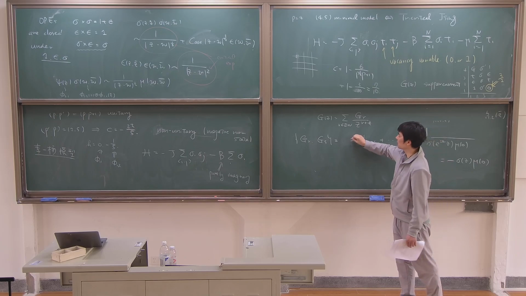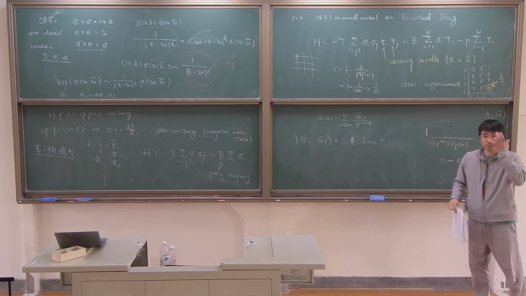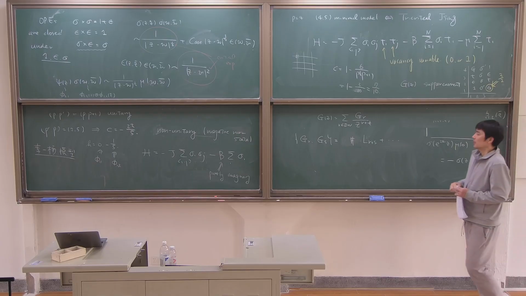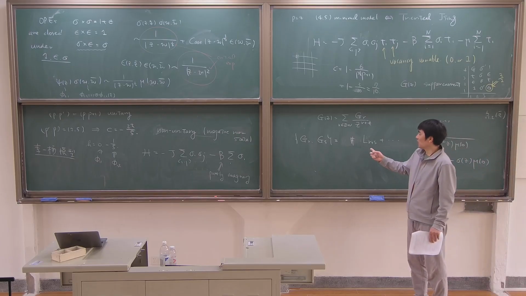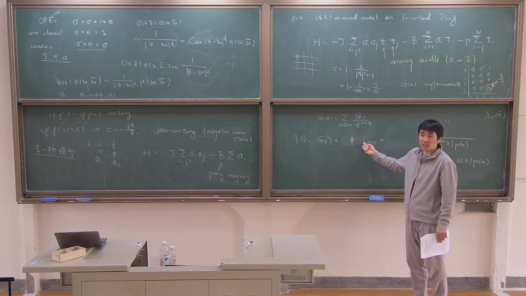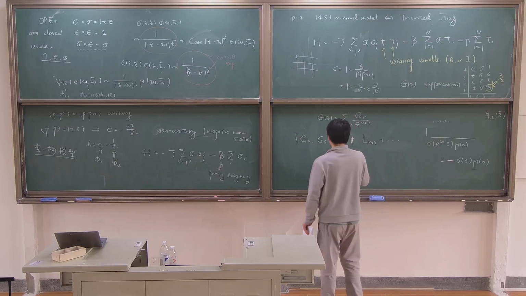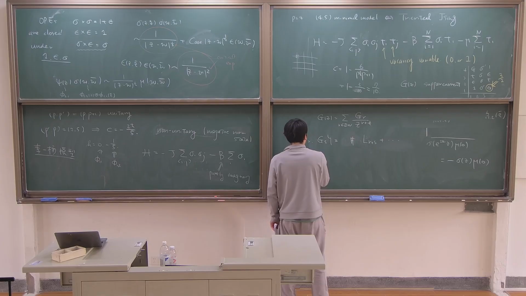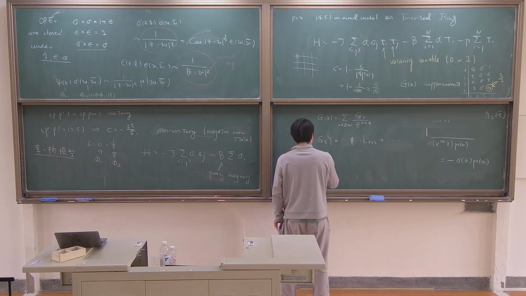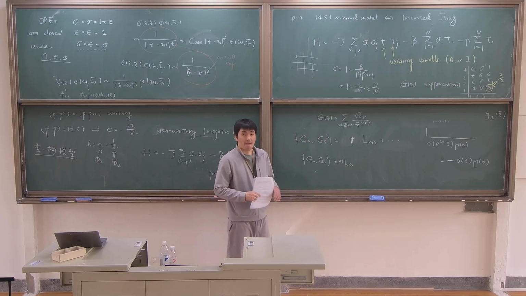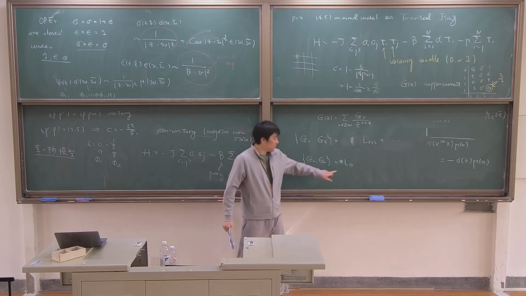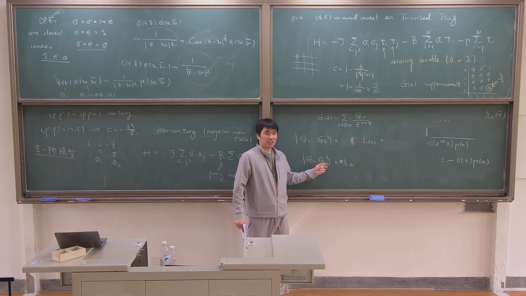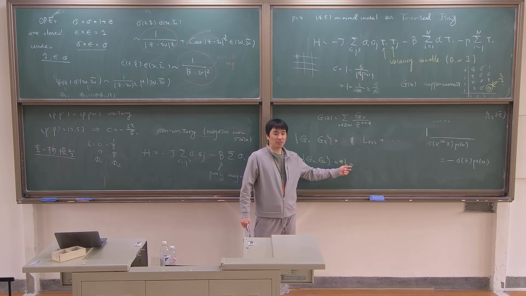Some constant, some number, and essentially L is the Hamiltonian or whatever. If you look at the zero modes part, it becomes like this. Okay. So therefore G0 is some kind of square root of this L0.